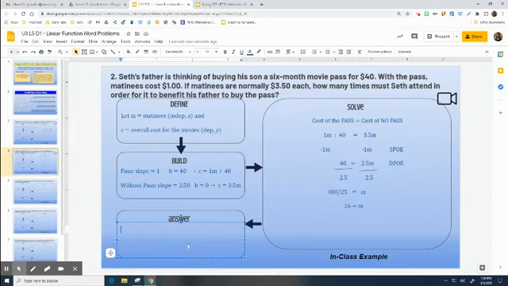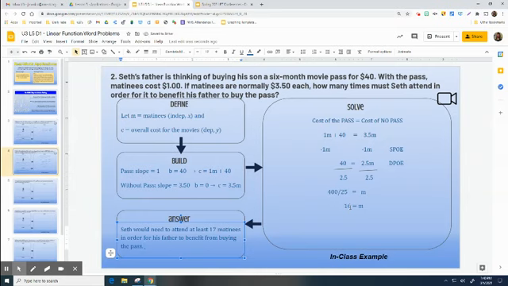So then you would say Seth would need to attend at least 17 matinees, and I'm using the same terminology as in the prompt. Seth would need to attend at least 17 matinees in order for his father to benefit from buying the pass.